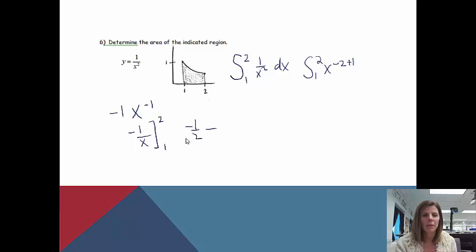And then minus, if I plug in 1, I will get -1. Those turn to plus. -1/2 plus 1 is +1/2. And notice that does definitely make sense. I got a positive answer, and my whole entire area is above the x-axis. So hopefully now you can still use the fundamental theorem of calculus to evaluate a definite integral.